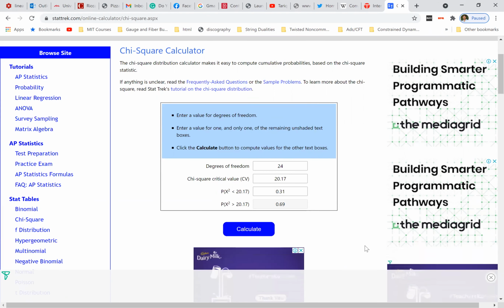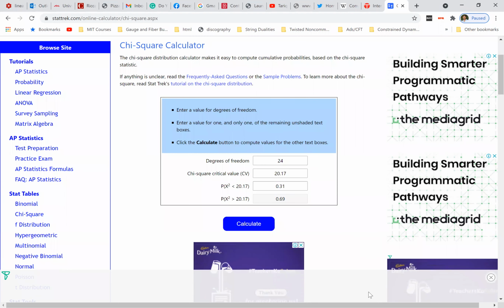So I get a p-value of 0.31. This is a very large p-value.